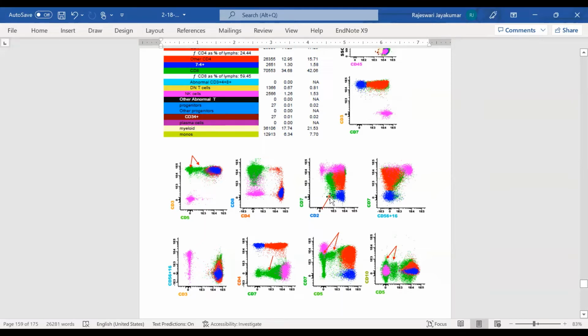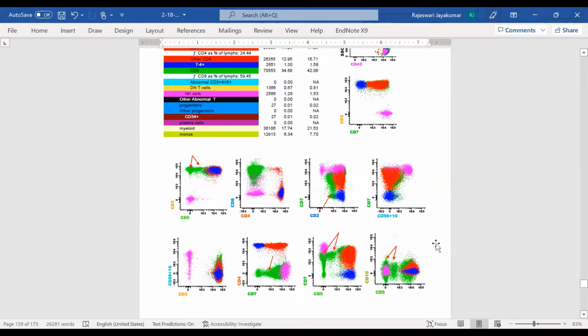And if we follow through, these cells have dimmer CD2 expression, and they also have a dim to negative CD7 expression. They are negative for 16 and 56. So 16 and 56 can be positive in LGLs. They are the NK cell associated antigens, but there are cases of LGLs that express 16 and 56. They won't be completely negative, but it's not usually distinctly positive in LGLs all the time. They can be positive.